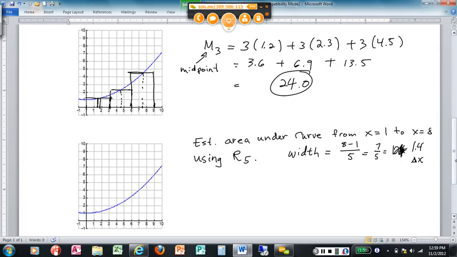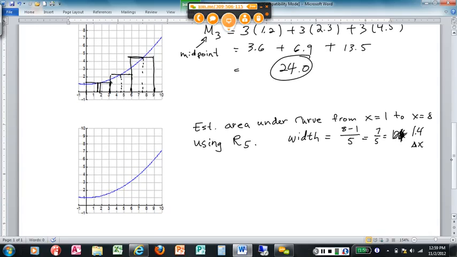Okay? Now, what that means is if I start at 1, where's the next endpoint? Well, 1.4 more. 1.4 added to that would be 2.4. And then 1.4 added to that, let's go ahead and mark the rest of them: 3.8. 3.8, 1.4 added to that is 5.2.